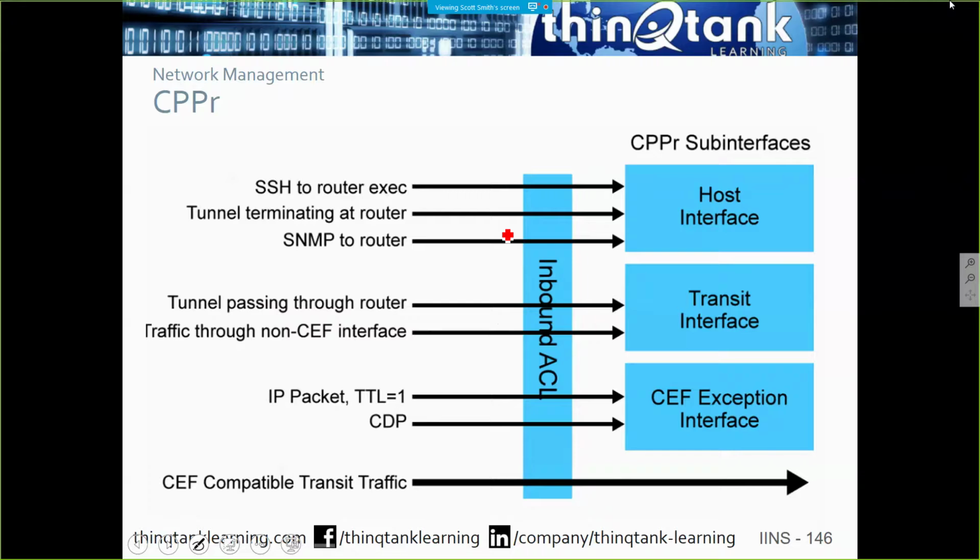We can apply thresholds to allow certain applications to get better or more access to the control plane than other applications. Okay? The CEF exception interface would be like if a packet has a TTL value of 1. Now, normally that packet would be fast switched through the device, but because the TTL value is 1, we're going to have to destroy that packet because the time to live is going to be exceeded, which means that we now have to send that up to the control plane because we're not even going to forward this packet.